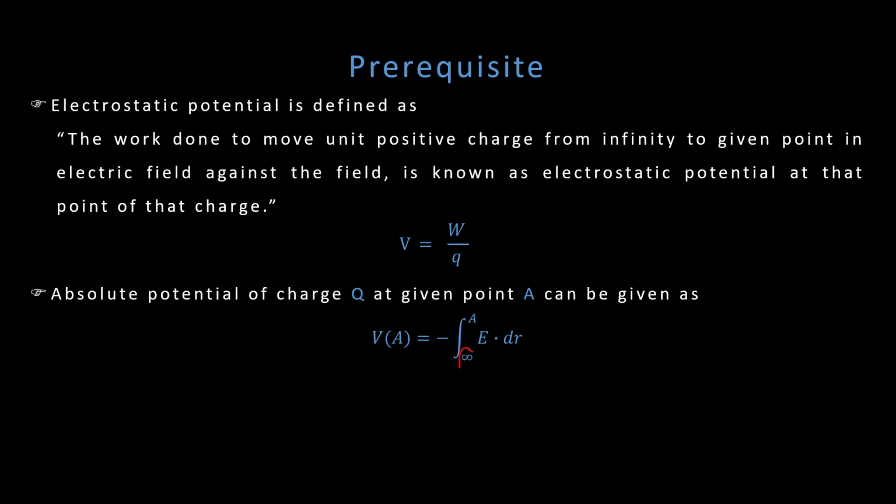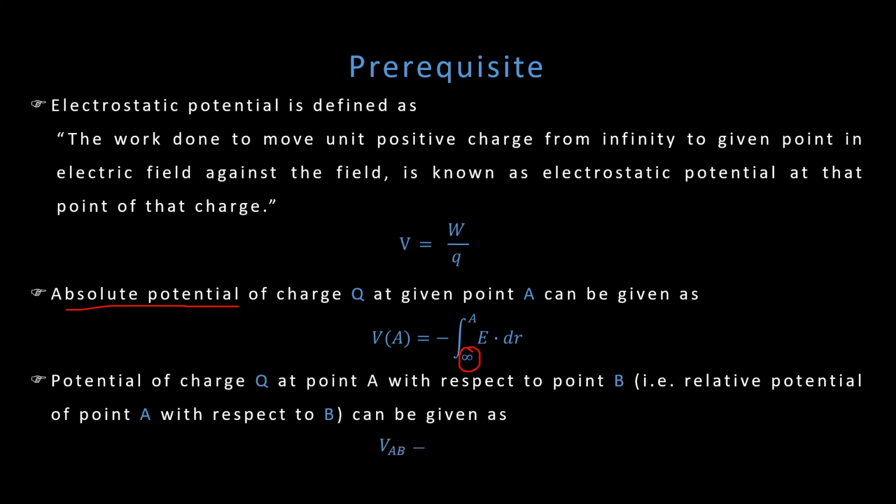If you are bringing the charge from infinity to a given point, the initial potential energy or initial potential is zero, and hence it is called absolute potential at point A. But if you are coming from some other point in the electric field to a point, say point B to A, then it is called relative potential at point A due to the source charge. Okay, so I assume that you have understood these topics.